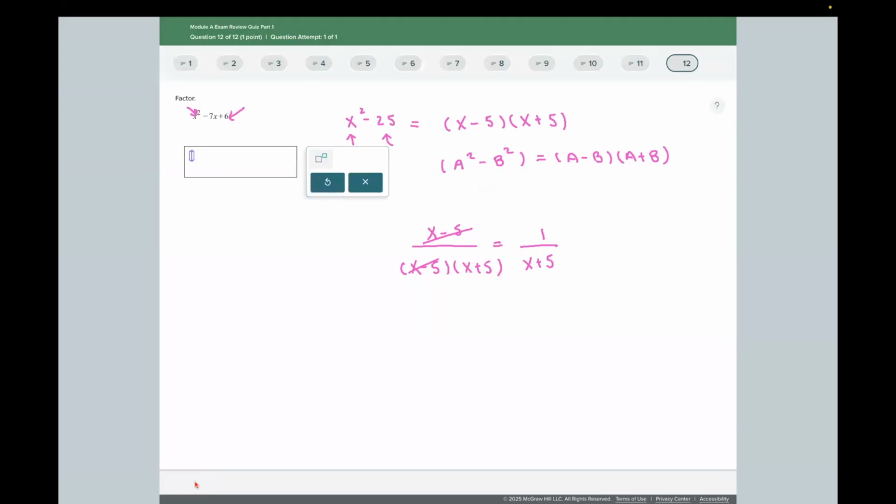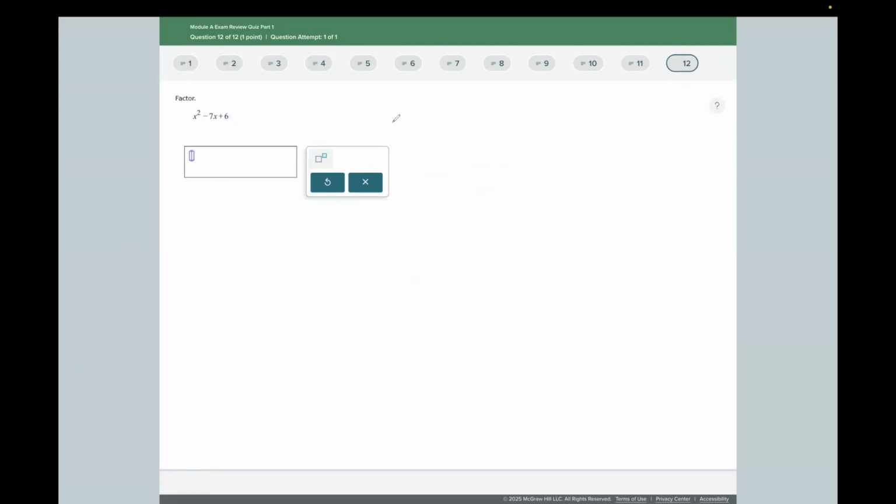All right, very good. Last problem is another factoring one. So let's see, we have x squared minus 7x plus 6. Really nice thing about this one is it's monic, so that leading coefficient is 1. So I just need two things that multiply to 6, add to negative 7. Well, what if we did minus 6 and minus 1, right?